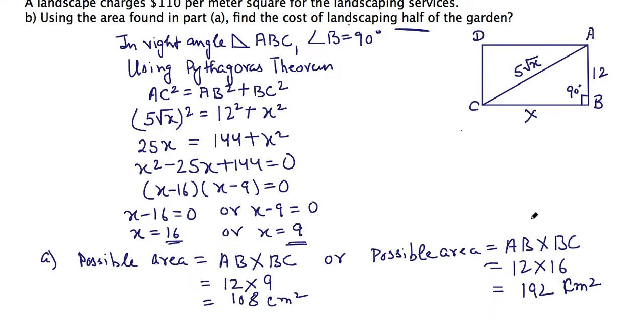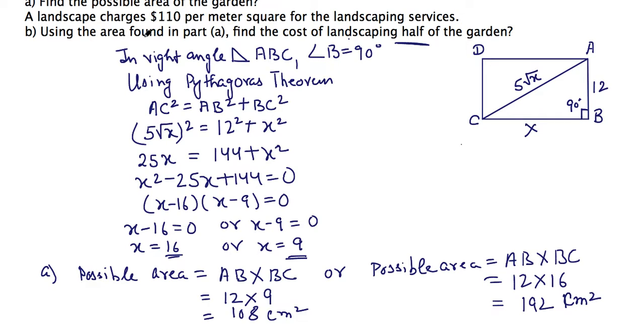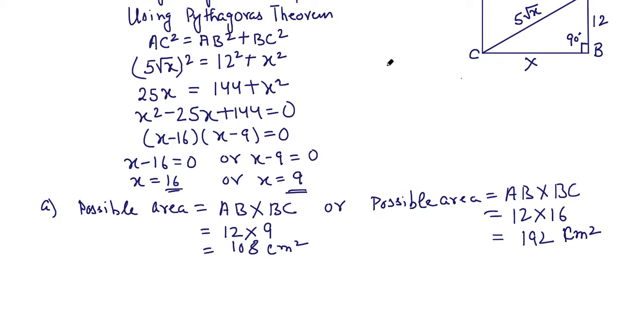Now let's go to part B. They are saying a landscaper charges 110 per meter square for landscaping services. Using the area found in A, find the cost of landscaping half of the garden. Before we find the cost, we have to find half of the area.